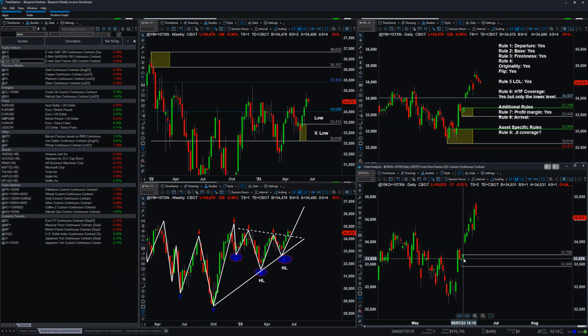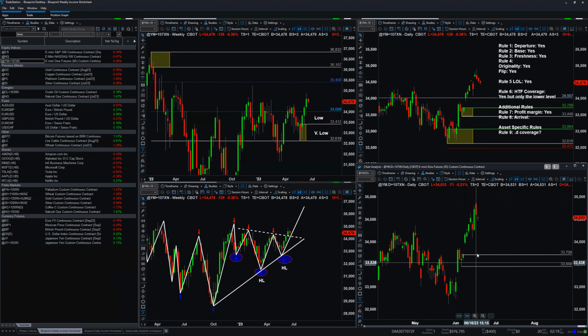So I have .D coverage. What I wouldn't have wanted is to have a proximal here somewhere on 33.8, and then my proximal would be here on 33.8. In this case, I wouldn't be aligned with the .D because my proximal would be in the middle of nowhere here.